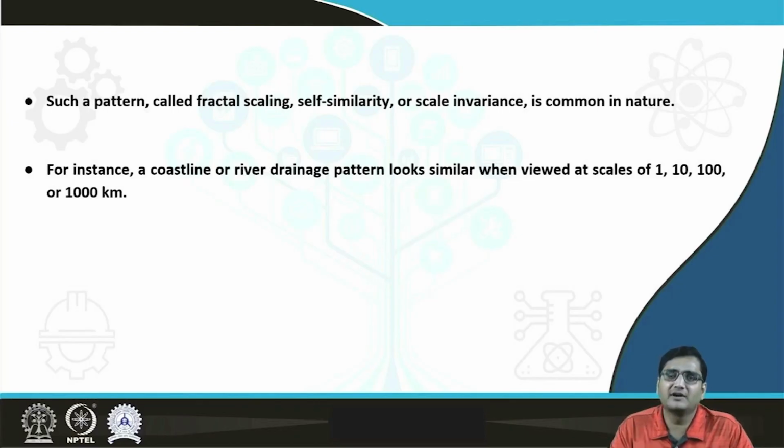And if you look at snowflakes, when you look at the structure from the top and keep zooming in, you will find that the pattern is repeated within itself. That kind of self-similarity is known as fractal scaling or scale invariance.